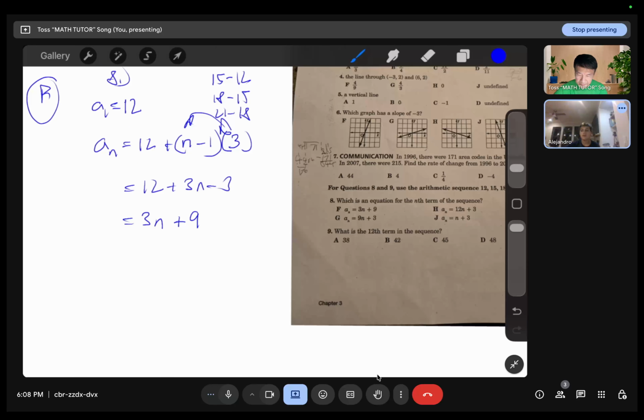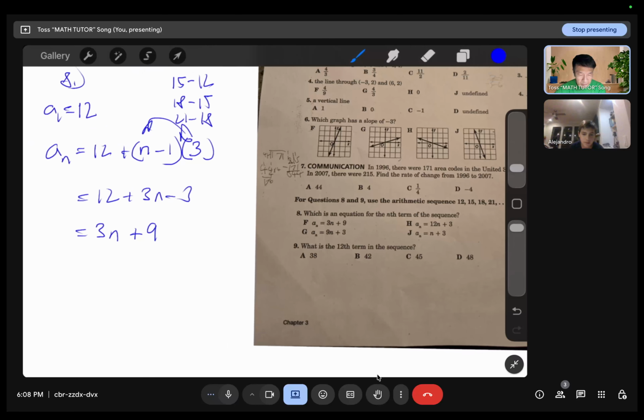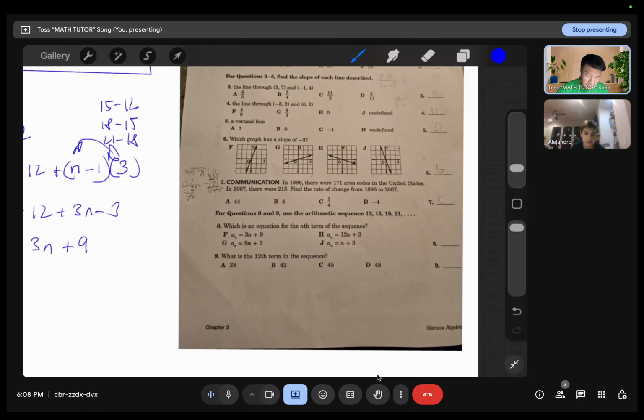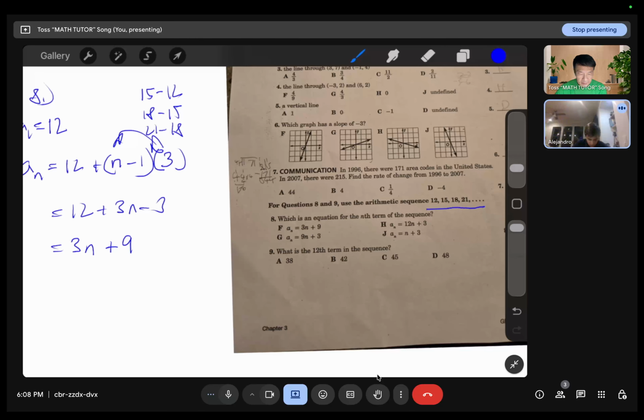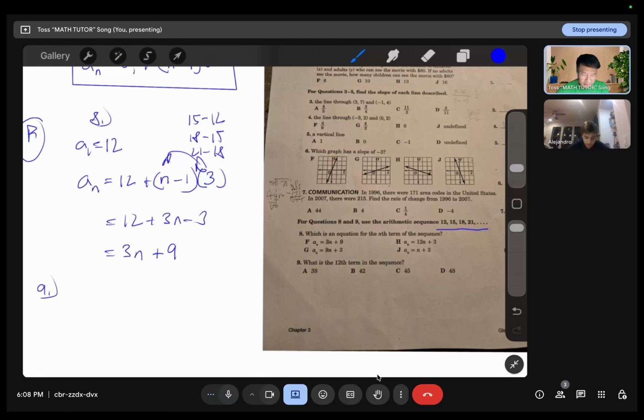Number 9. What is the 12th term in the sequence? So they're still talking about these numbers, okay? So what do you think? How do we do it? So is it a_12 equals 12?